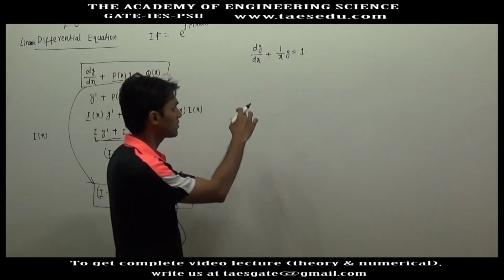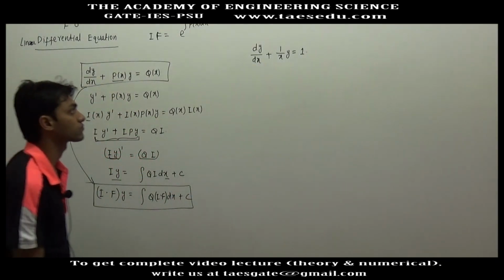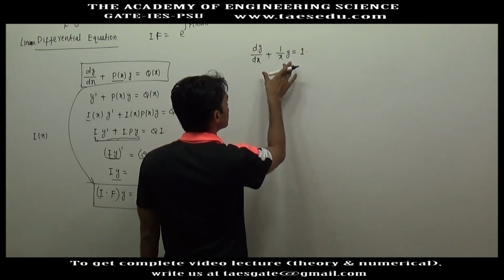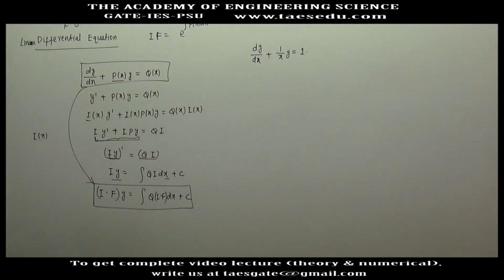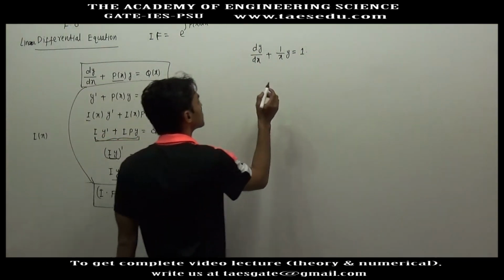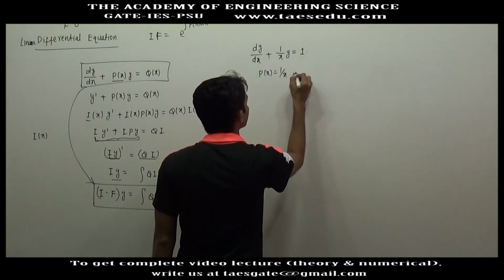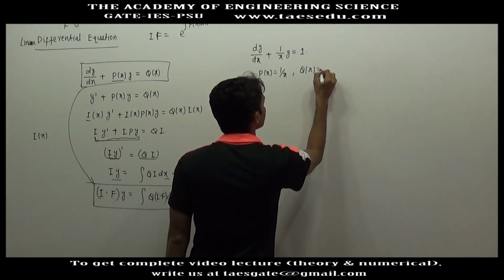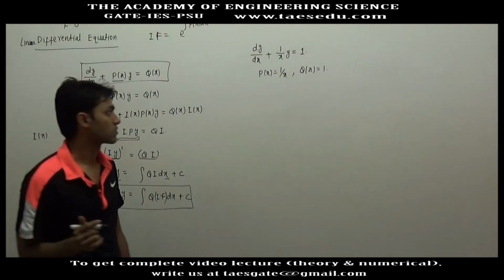This is the same question we were not able to solve earlier. So now we will solve this question using this formula. What we need to do, we will first multiply both sides with the integrating factor. So what will be the integrating factor? In this case we have p(x) equal to 1 by x and q(x) equal to 1. So first we will find the integrating factor.